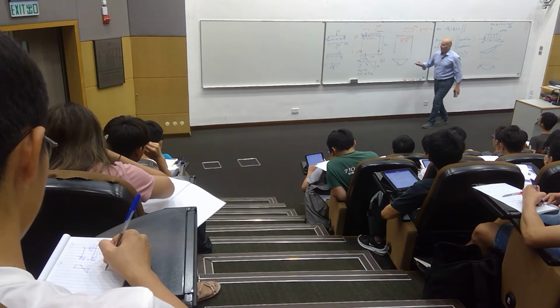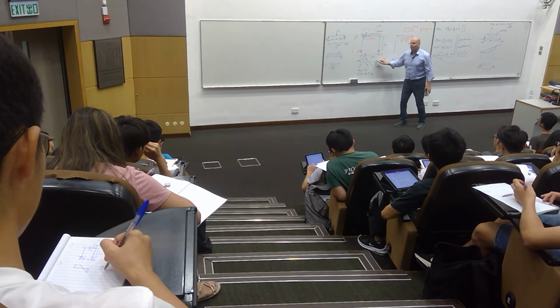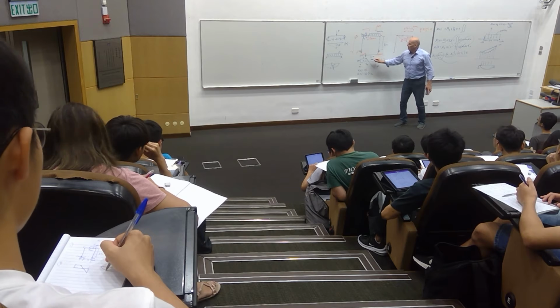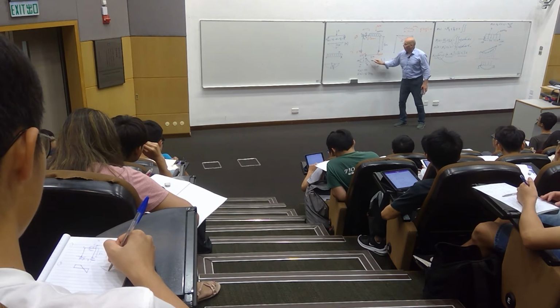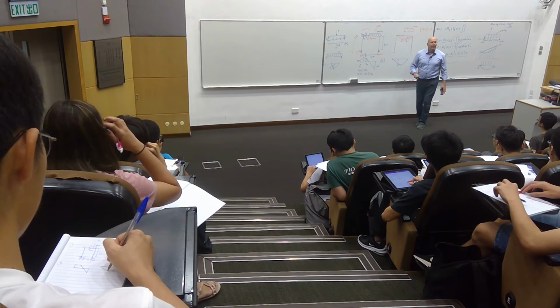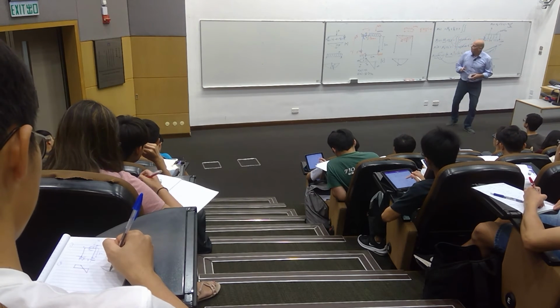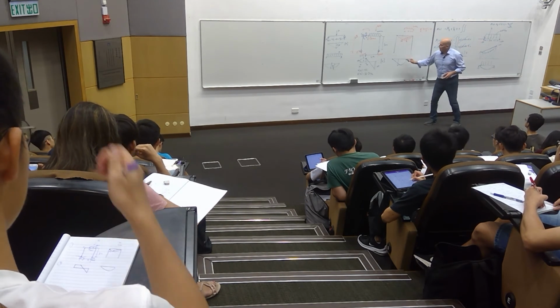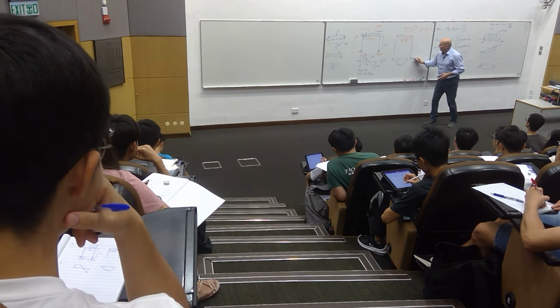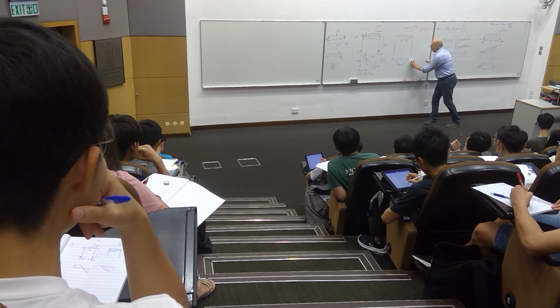I calculate directly the area of this trapezoid. This is a trapezoid, not with 2 positive sides, but with 1 positive side and 1 negative side. The total area is the average of the 2 sides times the distance. So this is the moment diagram M of x, the moment diagram M.